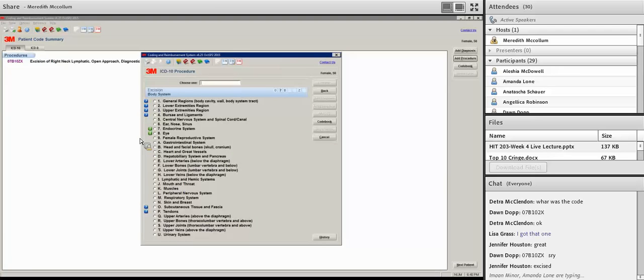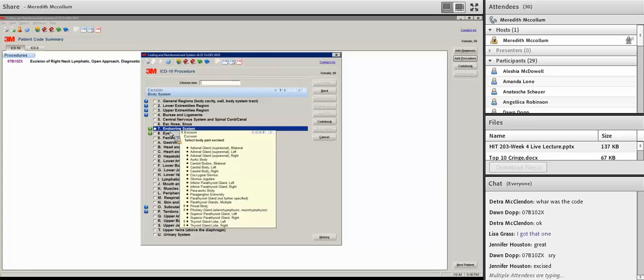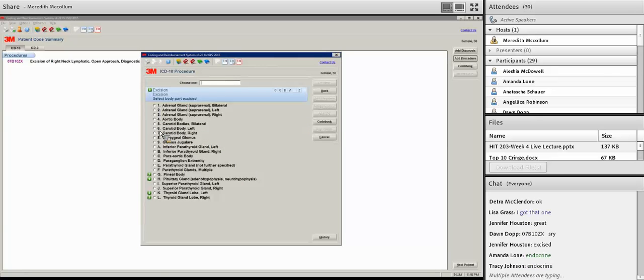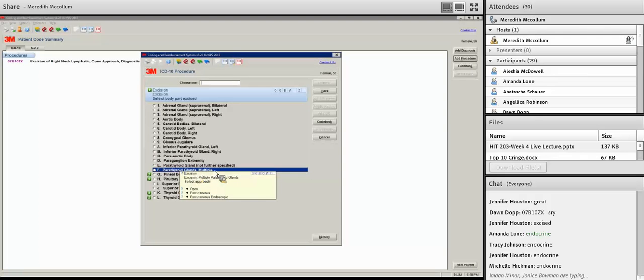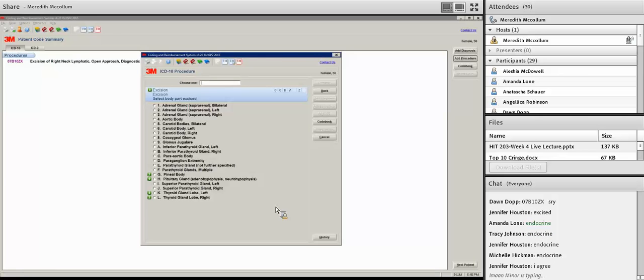I know, but I'm just asking. Very good. Endocrine. So they did the parathyroid gland. See, this is where you have the choice to choose multiple. To me, it's not as specific. If you know what parathyroid gland was done, then that's what you're going to do.